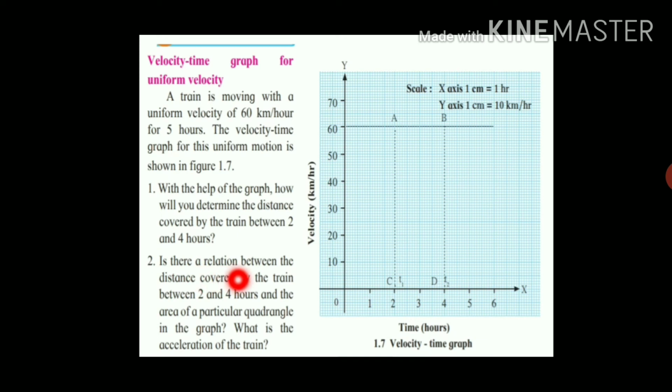Is there a relation between the distance covered by the train between 2 and 4 hours and the area of a particular quadrangle in the graph? What is the acceleration of the train?